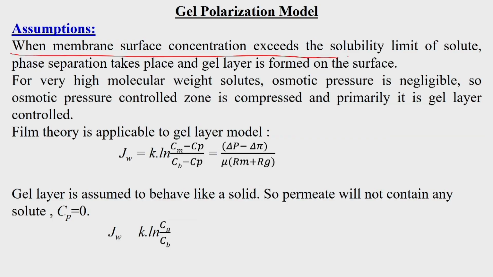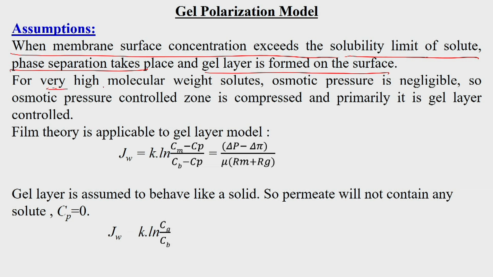Okay. Next, we will be discussing the gel polarization model. In the gel polarization model there are assumptions also. When the membrane surface concentration exceeds the solubility limit of the solute, then phase separation takes place and a gel layer is formed on the membrane surface.